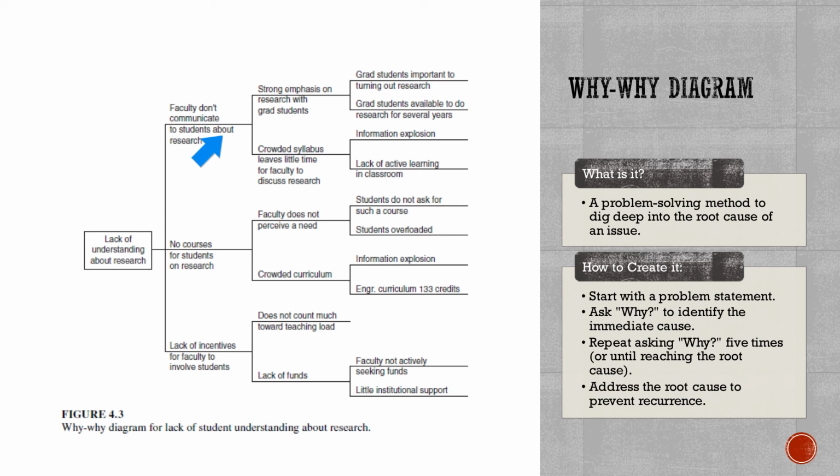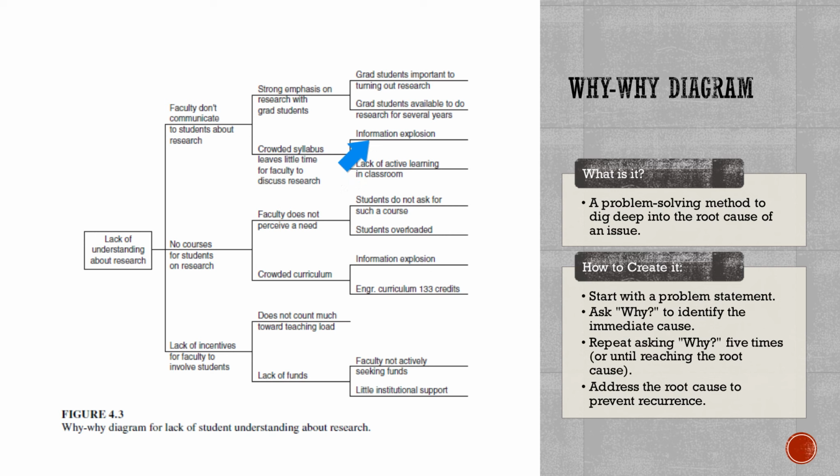And then, in order to dig deeper into this problem, you can ask again. So why, let's say, why does a crowded syllabus leave little time for faculty to discuss research? So you need to think of the answer, and then let's say you have the answer. So you just put it at the back, which is information explosion, lack of active learning in classroom.